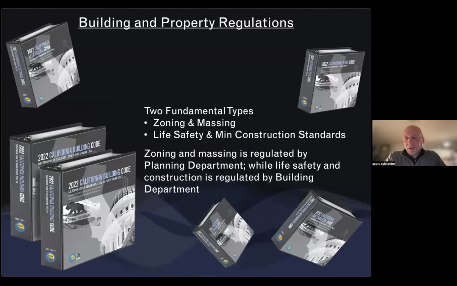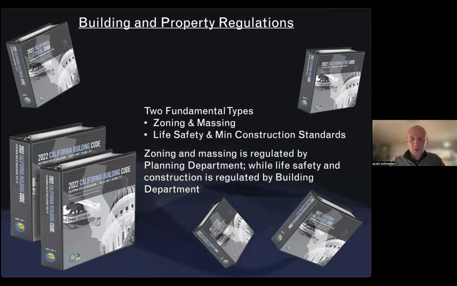But before getting into the design aspects of observatories, I'd like to briefly talk about building and property regulations. Normally, this is what can be considered pre-design and should be addressed prior to commencing any design work.